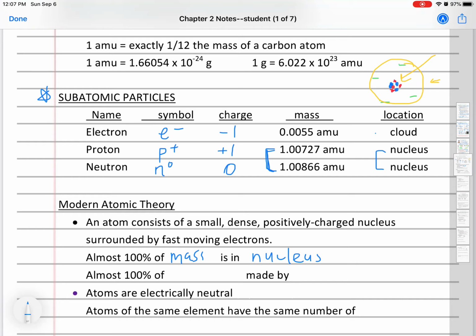Electrons have a fraction of the mass of those two particles. But almost 100% of the volume of the atom is actually made by the electron cloud. And the electron cloud is mostly empty space. There's a handful of electrons flying around in this massive space.